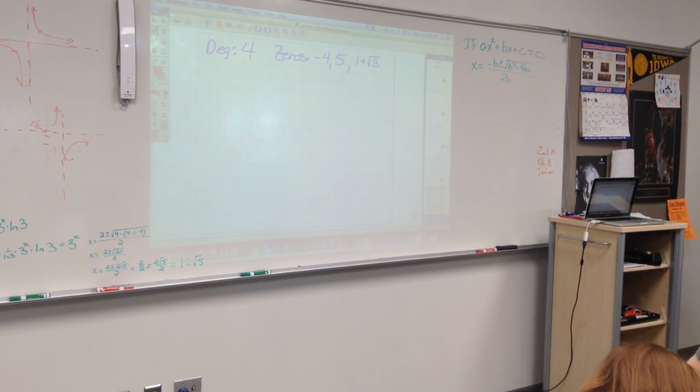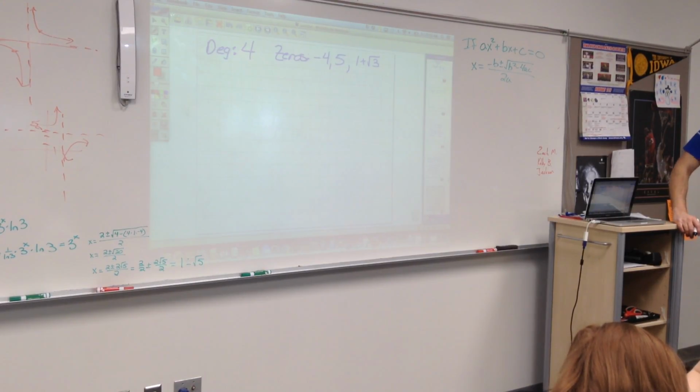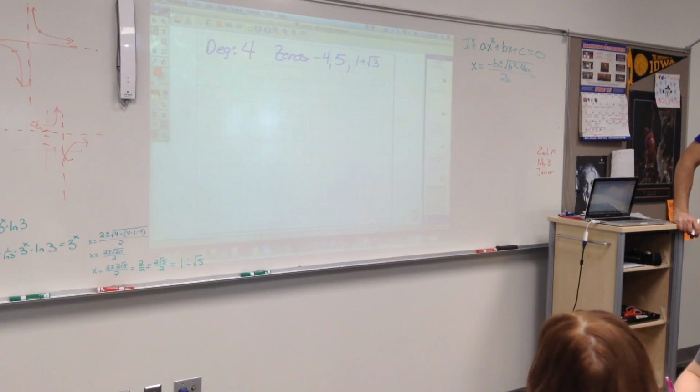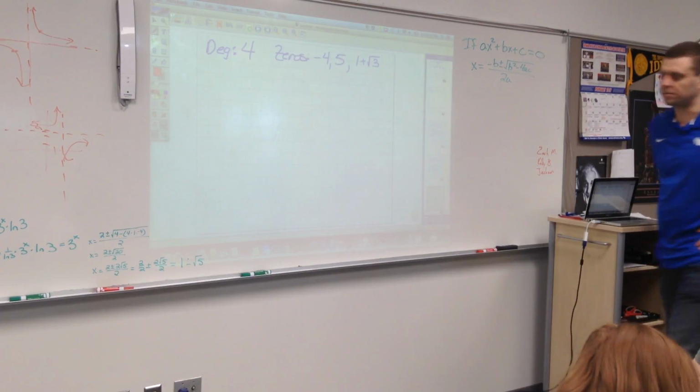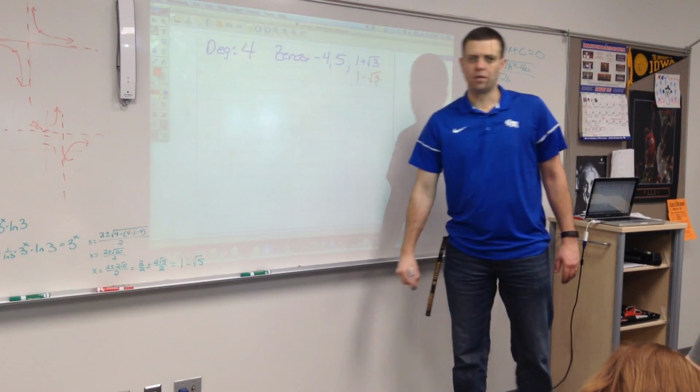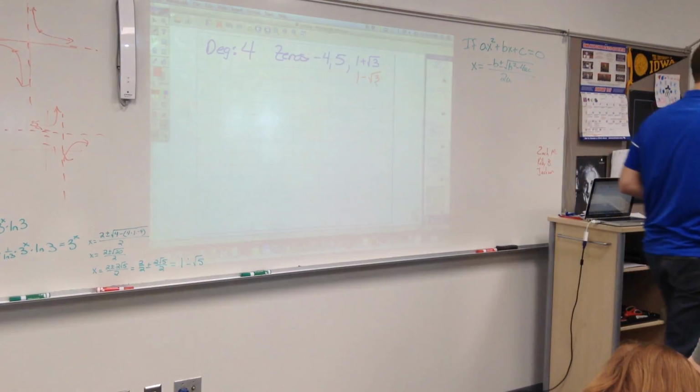Again, I only gave you 3 of them, but what must the 4th zero be? 1 minus root 3. Yep, its conjugate. Those irrational ones will always come in pairs as well.